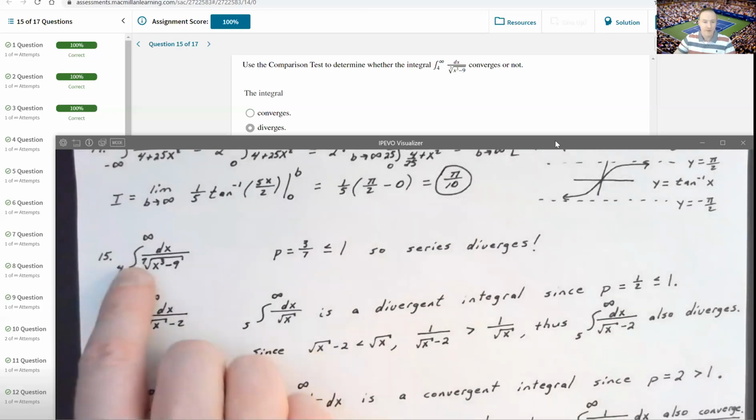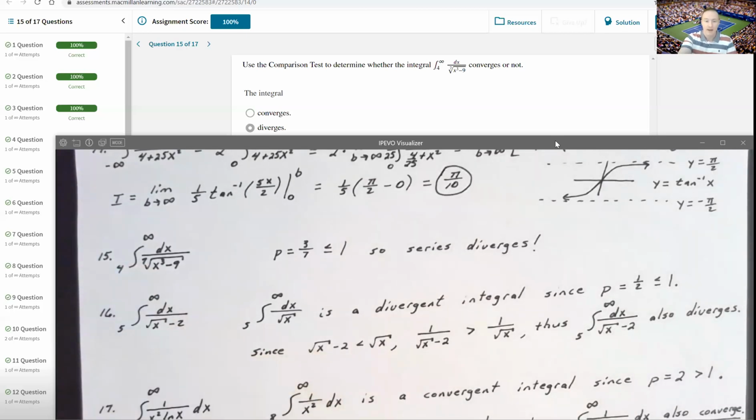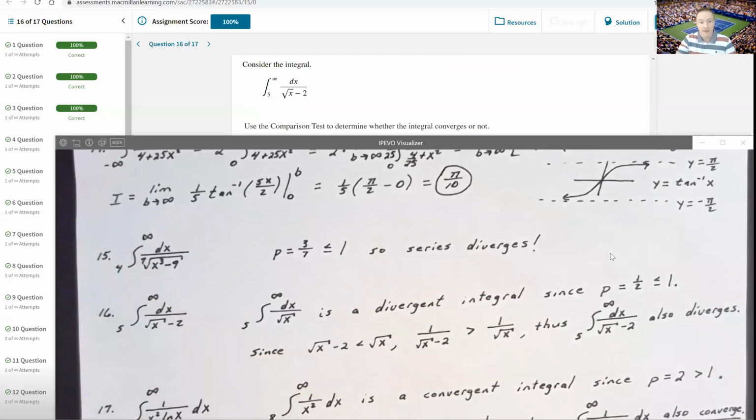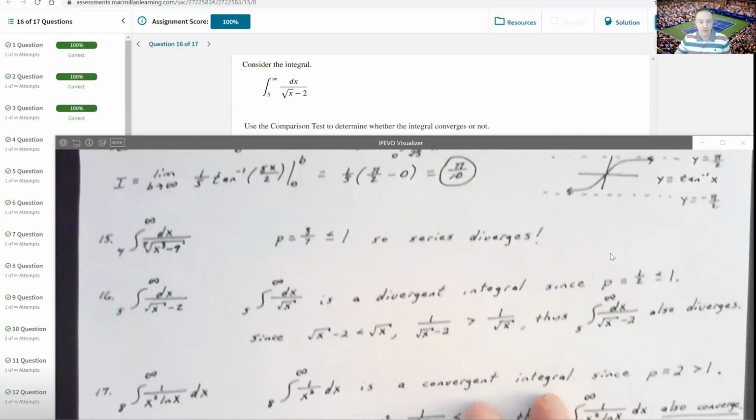Now, for my next problem here, I go in and I can say, well, all right, for 16, similar problem. Now, in this one, it asked me, instead of just using the comparison test, unlike the last one where I didn't have to use it, it physically said, please use it in this one. Use the comparison test to tell whether the integral converges.